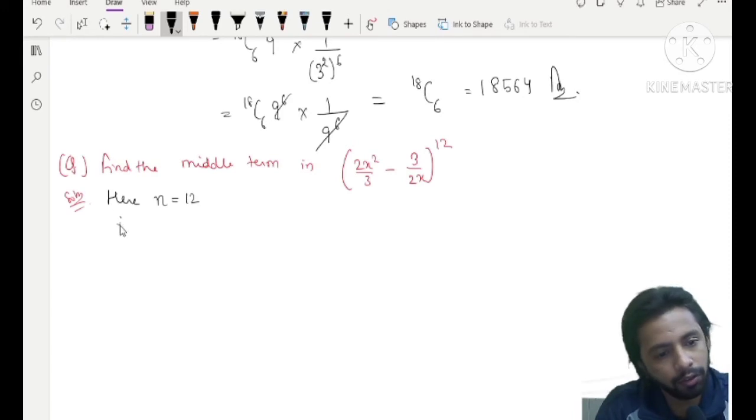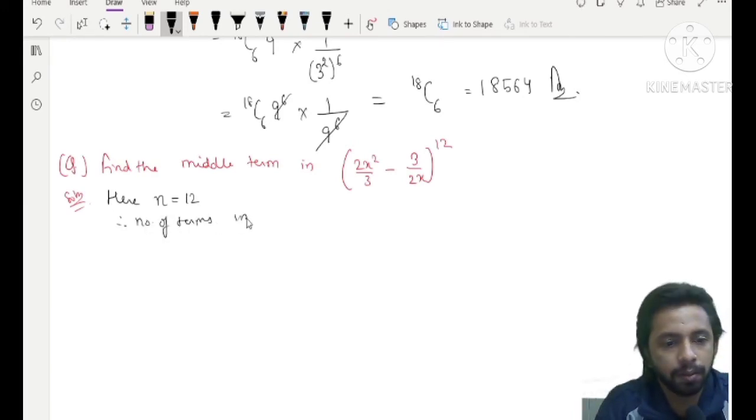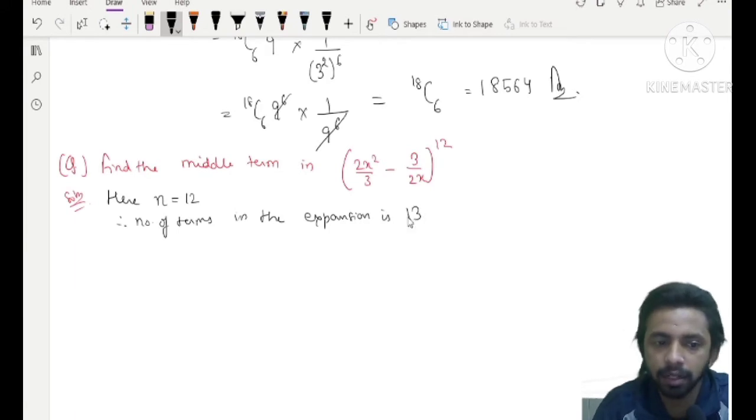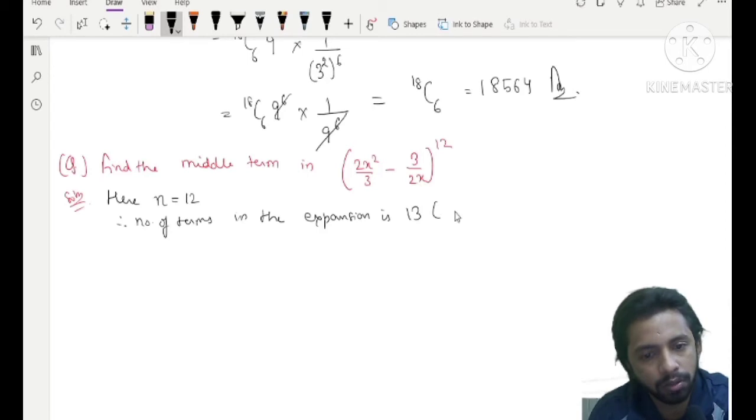So therefore the number of terms in the expansion is 13, one more than n, which is an odd number.